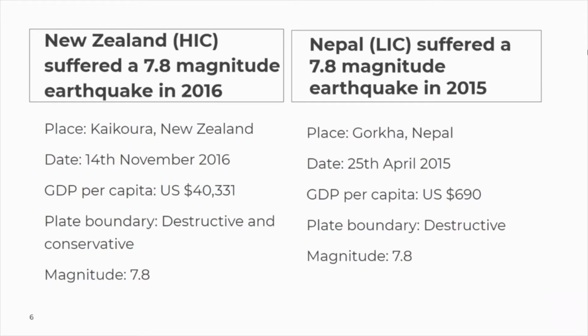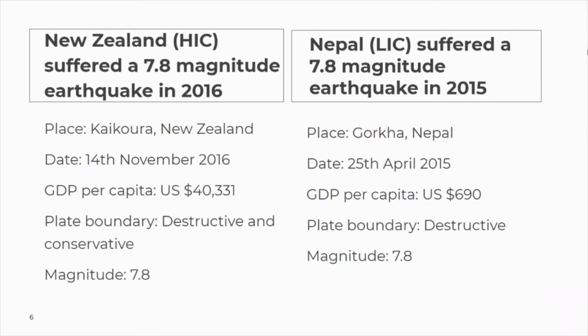So on average, people there earn $690. Now, that means it is below the threshold to be considered a newly emerging economy, and certainly below the threshold to be considered a HIC. Now, the plate boundary in Nepal is destructive, but the size of their earthquake was also 7.8. It had a 7.8 magnitude.